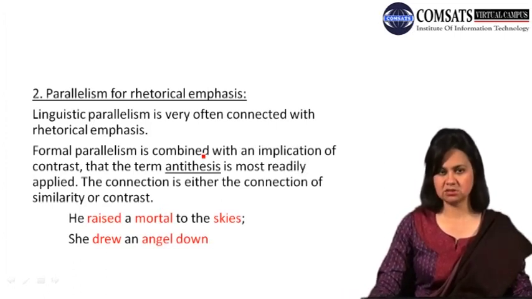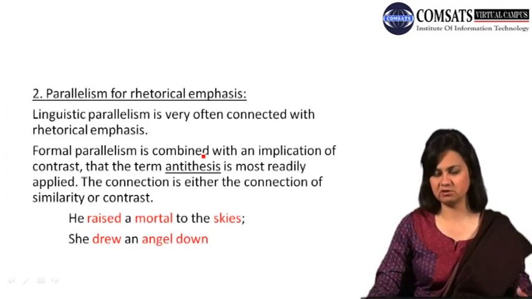Then the second line chooses its subject as she. Now there is similarity in that both are living beings, human beings. There is contrast as one is man and one is woman. So there is a binary of male, female.